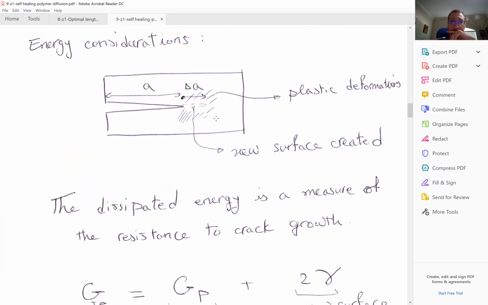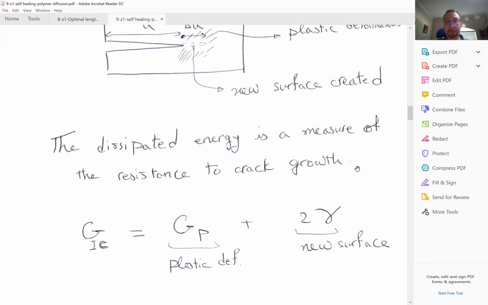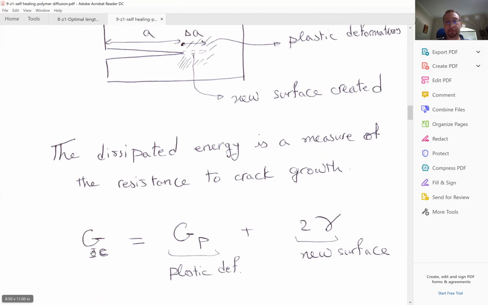But the part that's about elastic energy, we can calculate it. It's complicated. We're not going to get there, but there are some more advanced courses that you can take. But the energy that you require to advance the crack often has two components. And I show it with G1C.